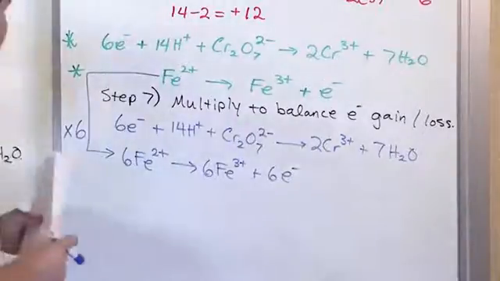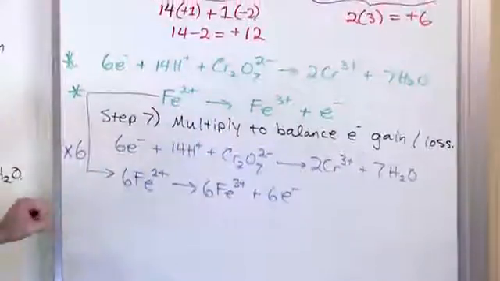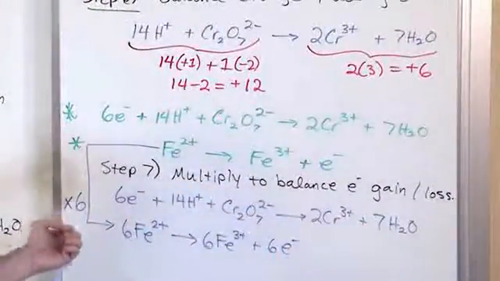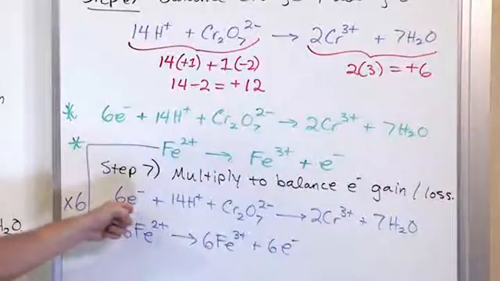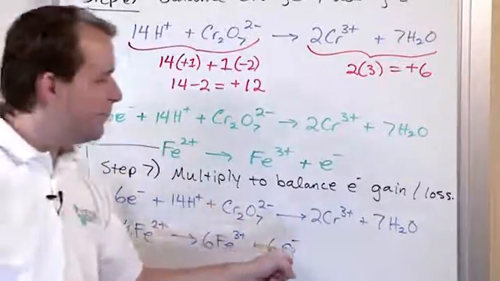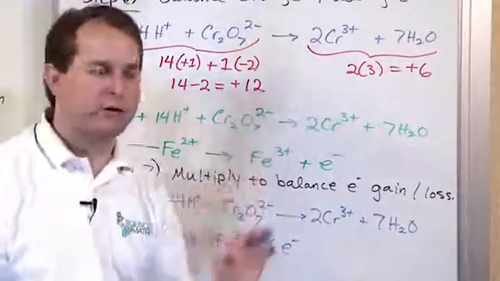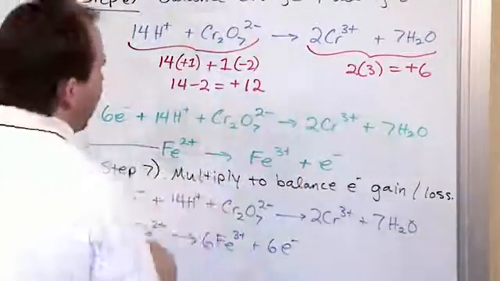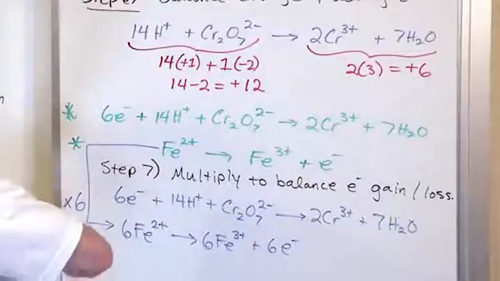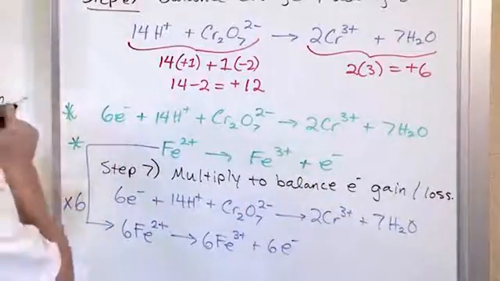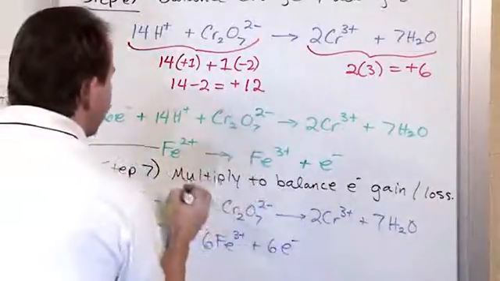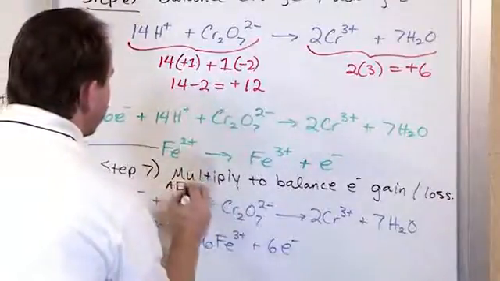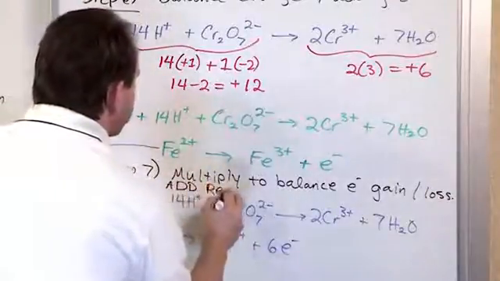So at this point in the game, I should have 2 half reactions with lots of other stuff added to it. But the most important thing that I'm getting to is the electrons that are gained on one side must be equal to the number of electrons that are lost on the other side. So we've multiplied to balance the electron gain and loss. There's one more thing to do in step number 7. After we multiply, we're going to go ahead and put it in there, and that's going to be add the reactions.